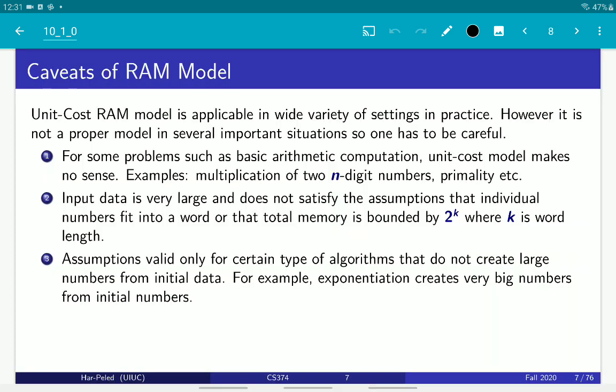Now, why do we have to be careful about the RAM model? The problem is that since we don't care about the size of the words, they can be arbitrarily large. If you're not careful, you can do a lot of very magical things, right? In particular, for some problems you can store all the input in one word of memory, and now you can start doing operations on those words.